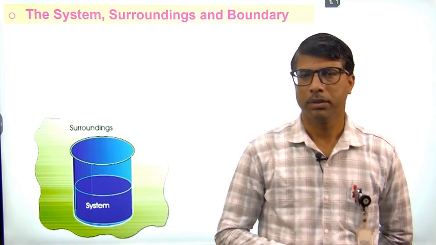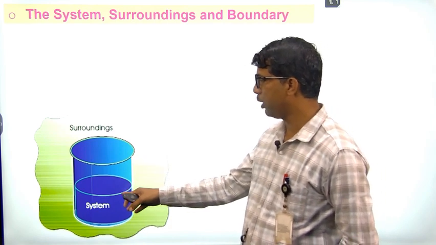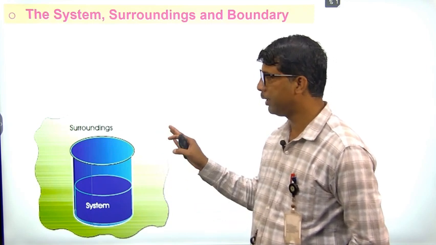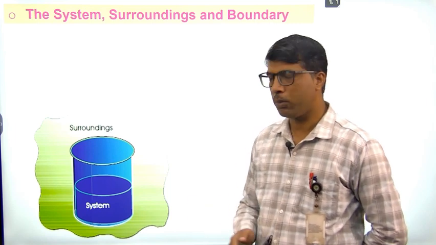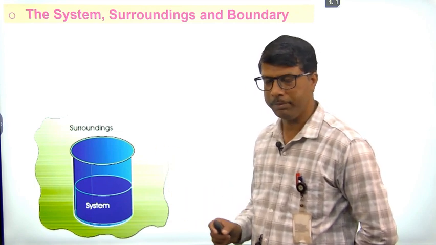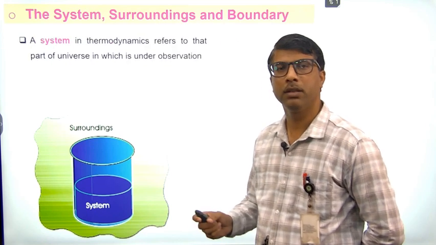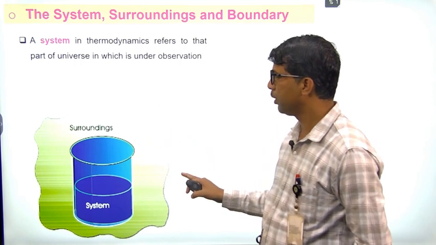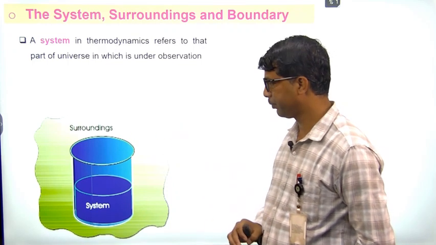Here, when we consider this water in a beaker, this water is surrounded by space, and this space is known as the surrounding here, and the water present in the beaker is the system. This is the space, and the water is present in this space.